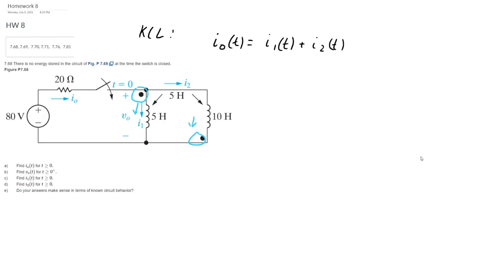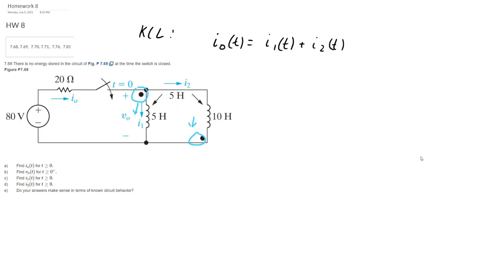Now, since the inductors are in parallel with each other, we can use the parallel inductor equivalency, but there's a little bit of a wrinkle. This mutual inductance has to be accounted for.